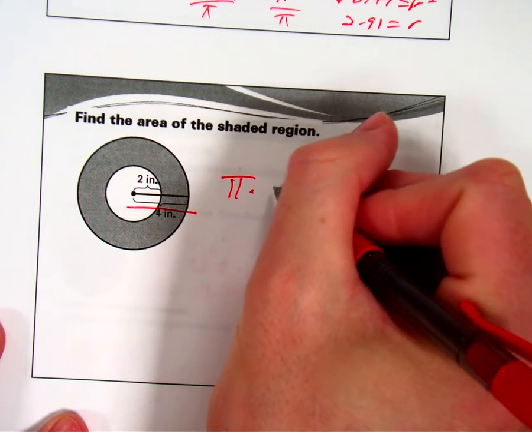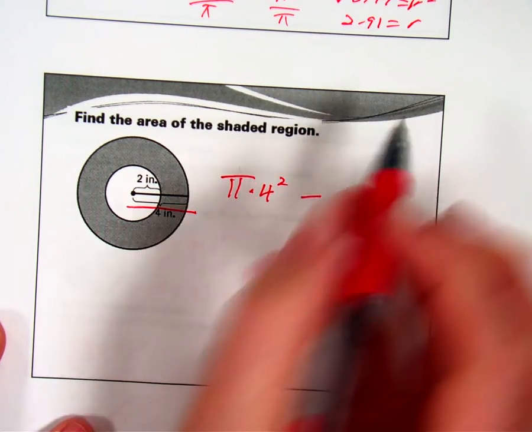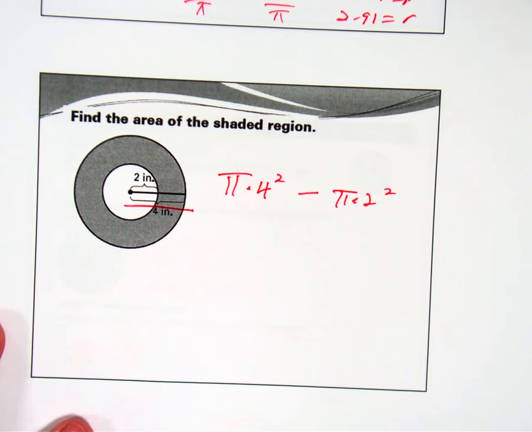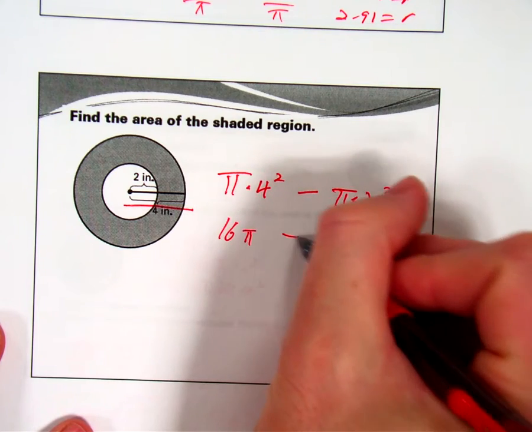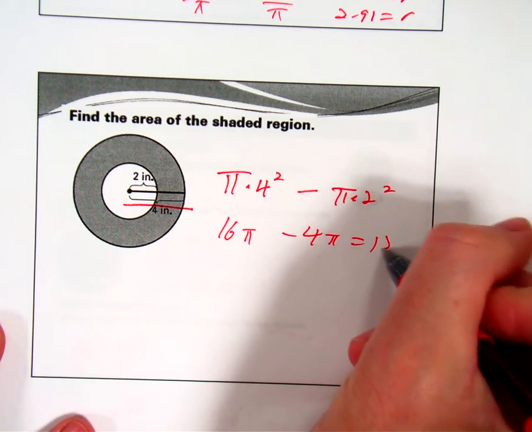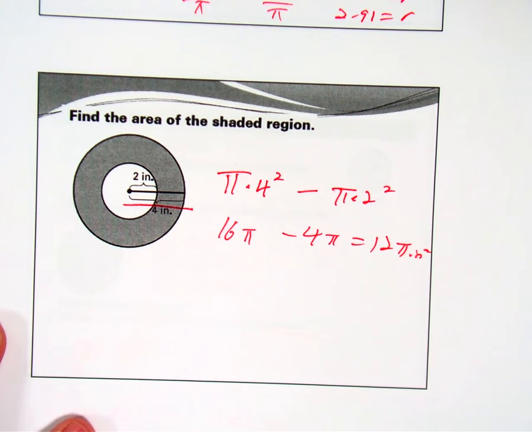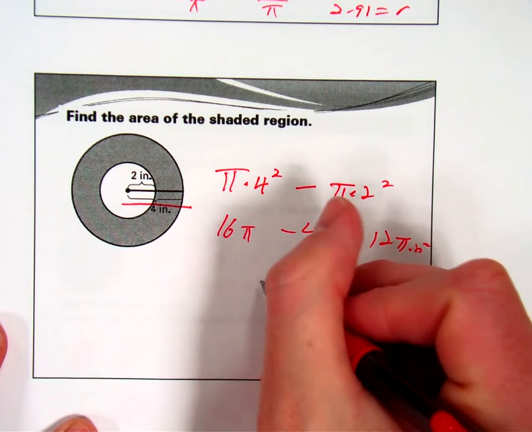So we'll have pi times 4 squared. And then we're going to take out the little one, pi times 2 squared. So 4 squared is 16, so we're going to have 16 pi minus 4 pi for a total of 12 pi inches squared exact.